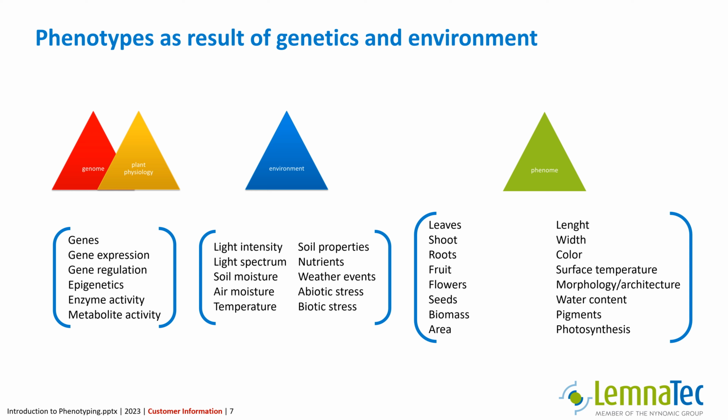Such properties are dimensions, morphology, and color of, for instance, leaves, shoot, root, fruits, flowers, and also the overall biomass, the water content, or the abundance of pigments. An important feature is also the photosynthesis.